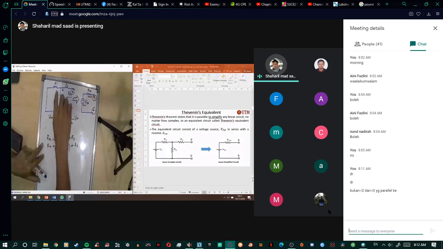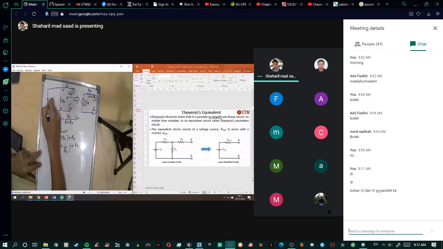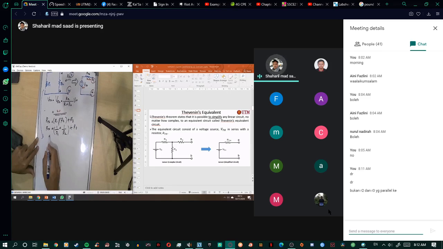So that means when you short it, right? So this one, it will become R1. So R1 and R2 is parallel, right? So when you simplify it, you will get this one, another resistor.